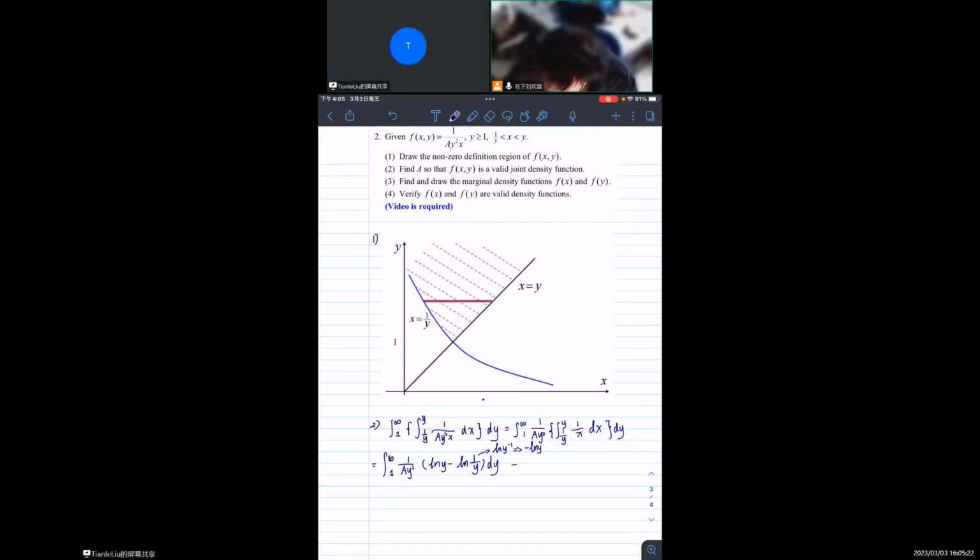So it will transfer into 1/a multiplied by y squared multiplied by 2 log y. So now bring the a out and the 2 out. We'll have the integral like this.